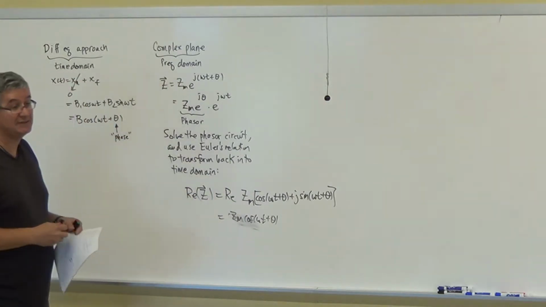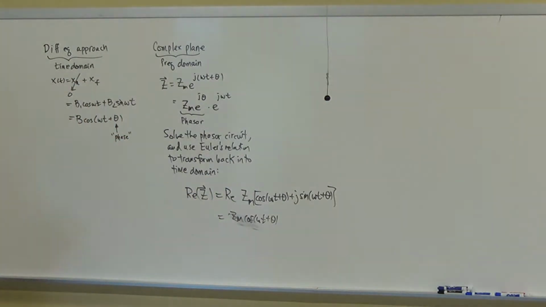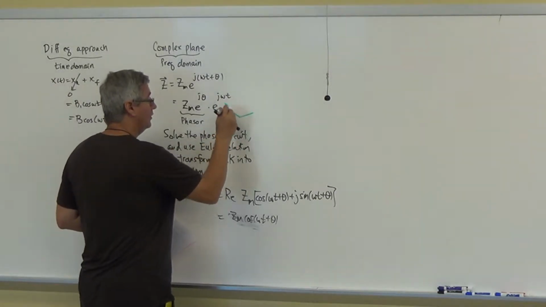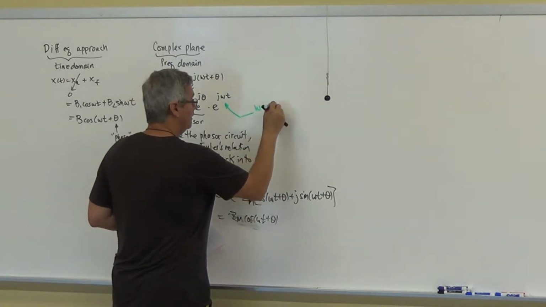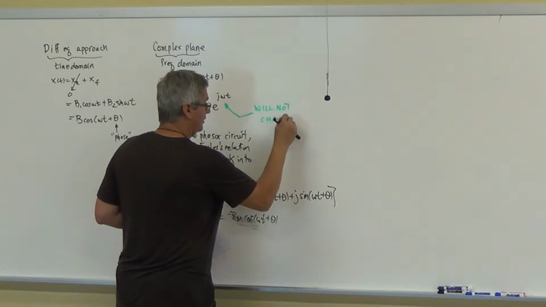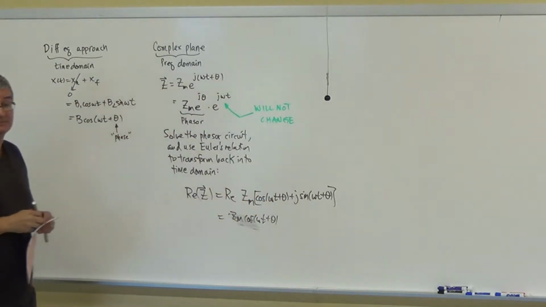So one more time, because I think this is crucial, so that you have some physical understanding of where we're going. This term will not change. So it's a constant.